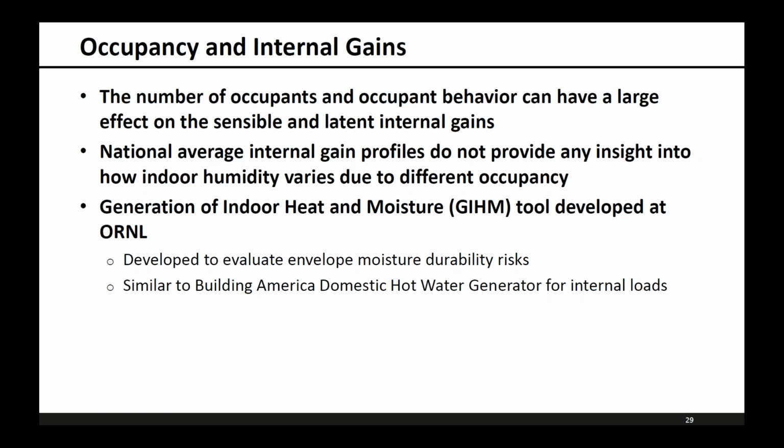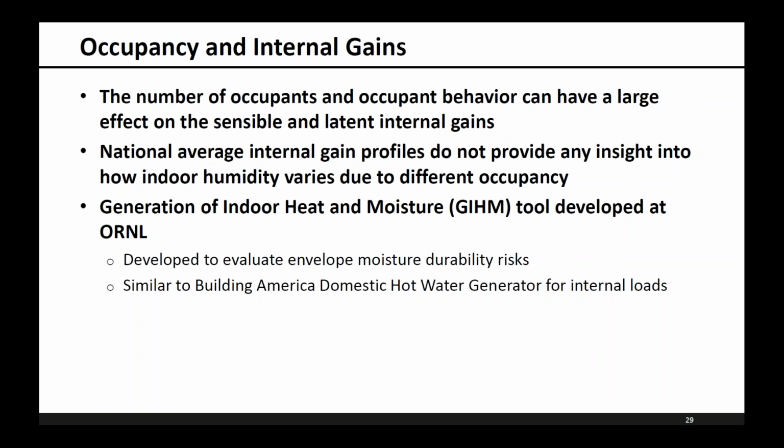So in order to capture that, we wanted to avoid just using a single national average profile, because that may work great if you're an average household, but for all the other homes that have more or less people or atypical behavior, it doesn't really provide that much insight into how the humidity is going to behave in their homes. So in order to solve this issue, we used the generation of indoor heat and moisture, GIM, tool that was developed at ORNL.